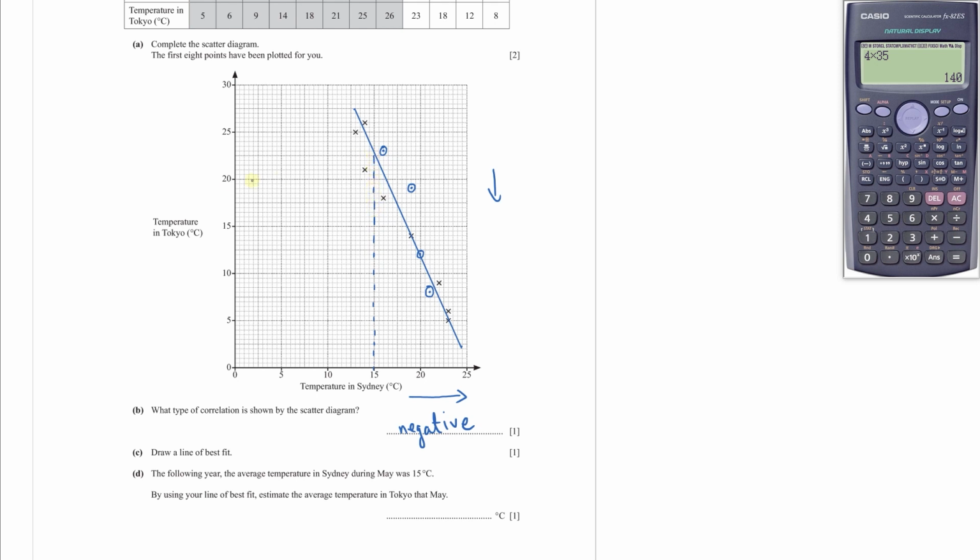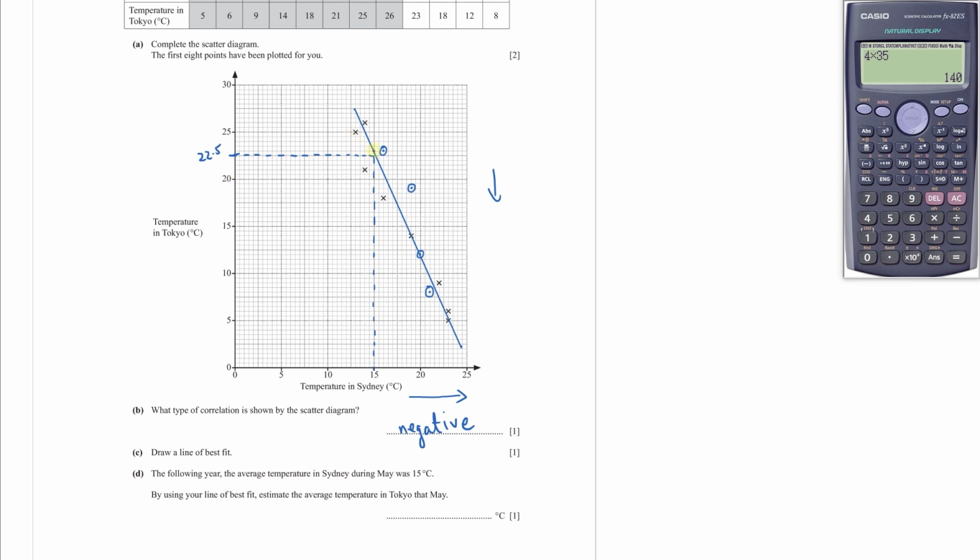So it's this point here, which is this line. So the temperature in Tokyo will be this one, which is 20, 21, 22, 22.5.